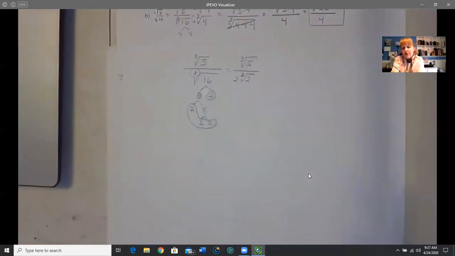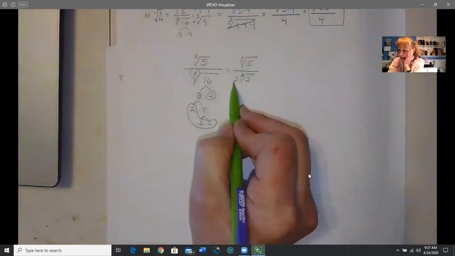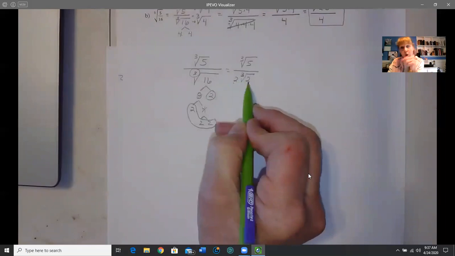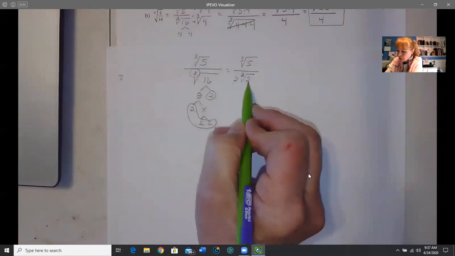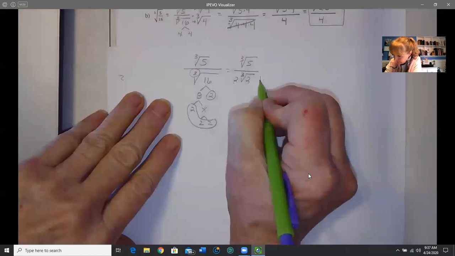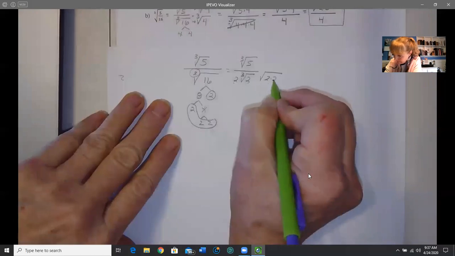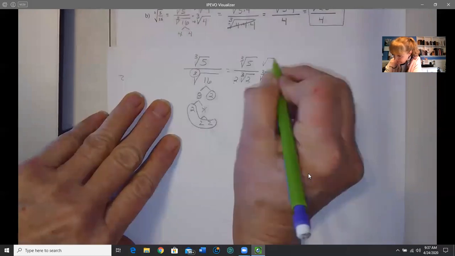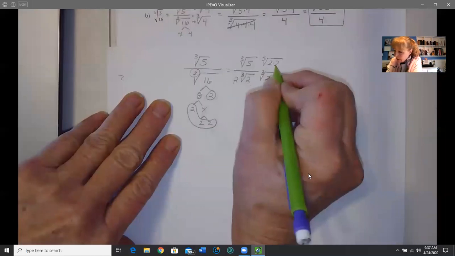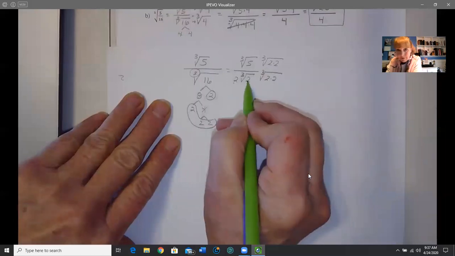So now what I need to do is rationalize. This 2 is fine, but I need 3 of something. I've got 1 2, I need 2 more 2s, because then I'll have 1 2 3.